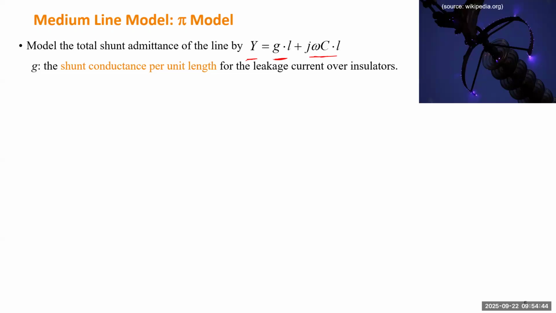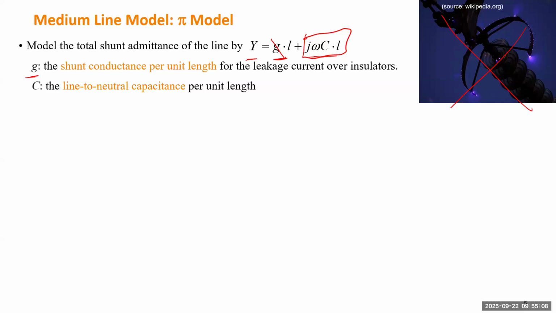If this corona effect is really a concern, it causes the loss of energy due to the leakage current over the insulator, and you may want to model this G. So use G to model how much energy is lost due to this effect. If that's not a big concern, if you don't need to worry about that, usually G can be ignored, but you still need to model C here.